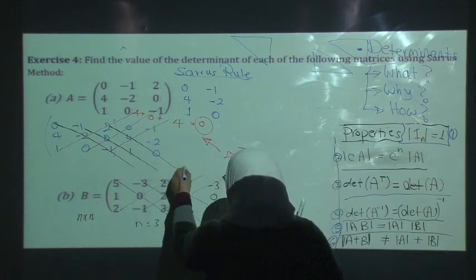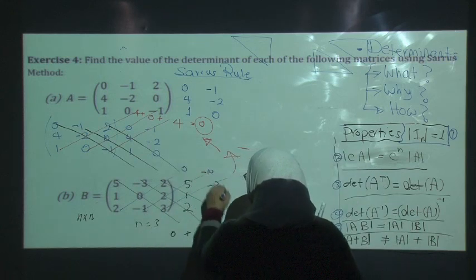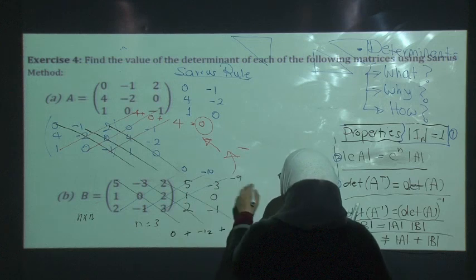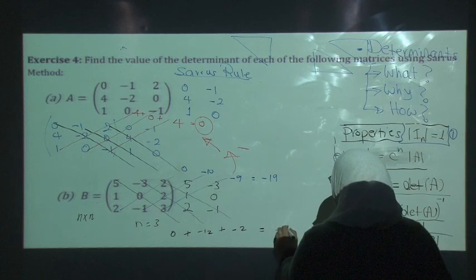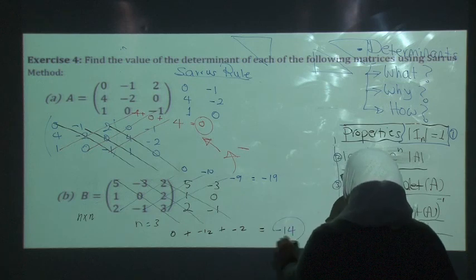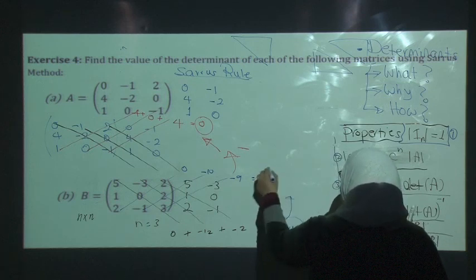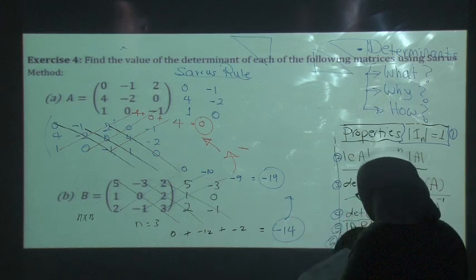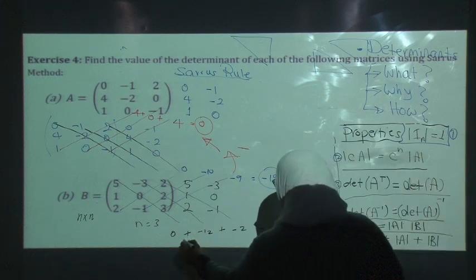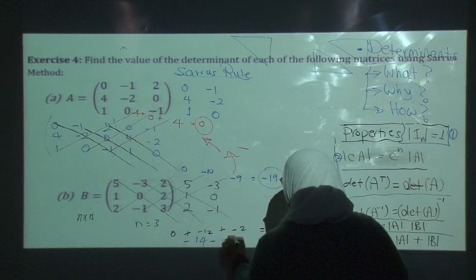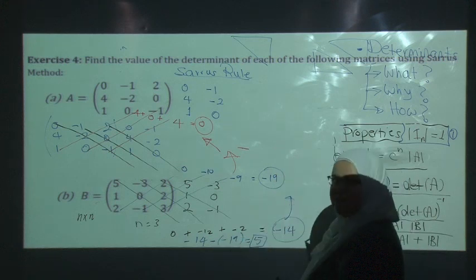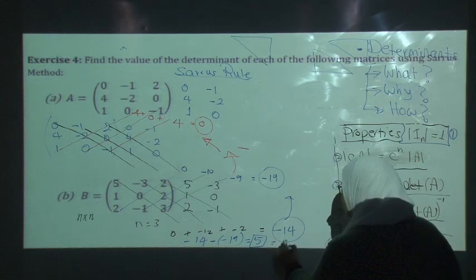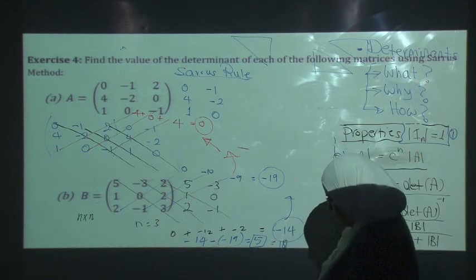We will have here 0 and -10, and here -9, so it's -19, and here we have -14. Take -14 minus -19, which is an addition. So -14 minus -19 is 5, which means that 5 is the determinant of B.